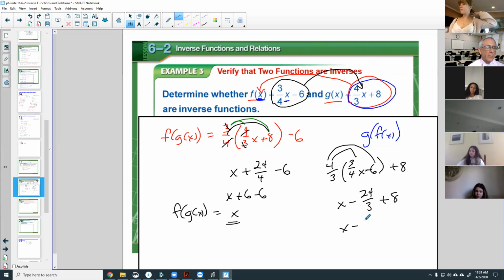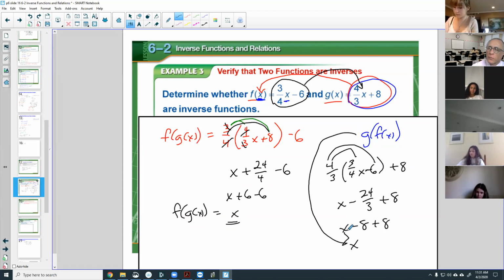That's x minus 8 plus 8. It's x. So g of f of x is also equal to x. These two functions are inverses of one another.